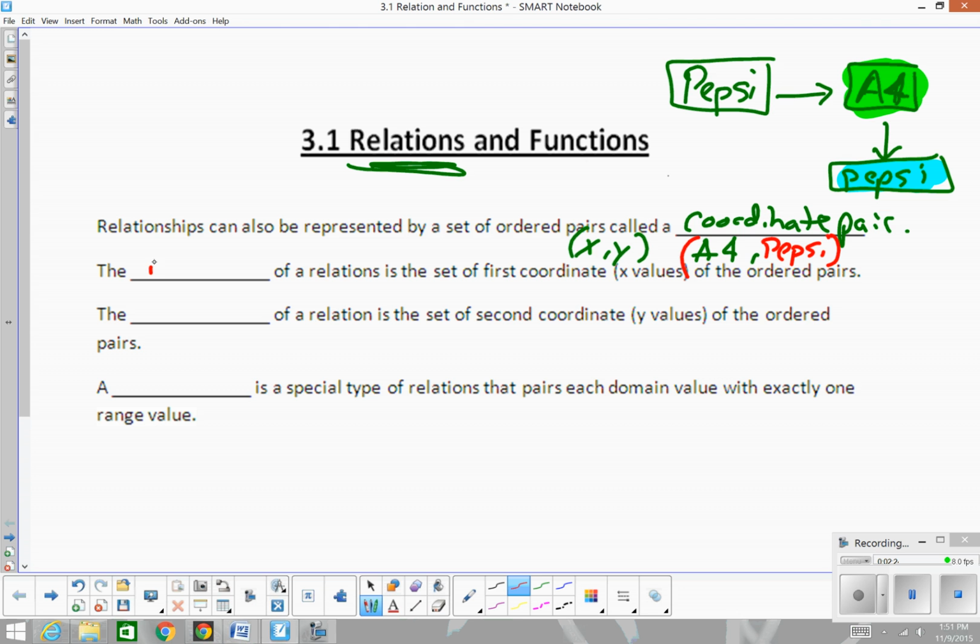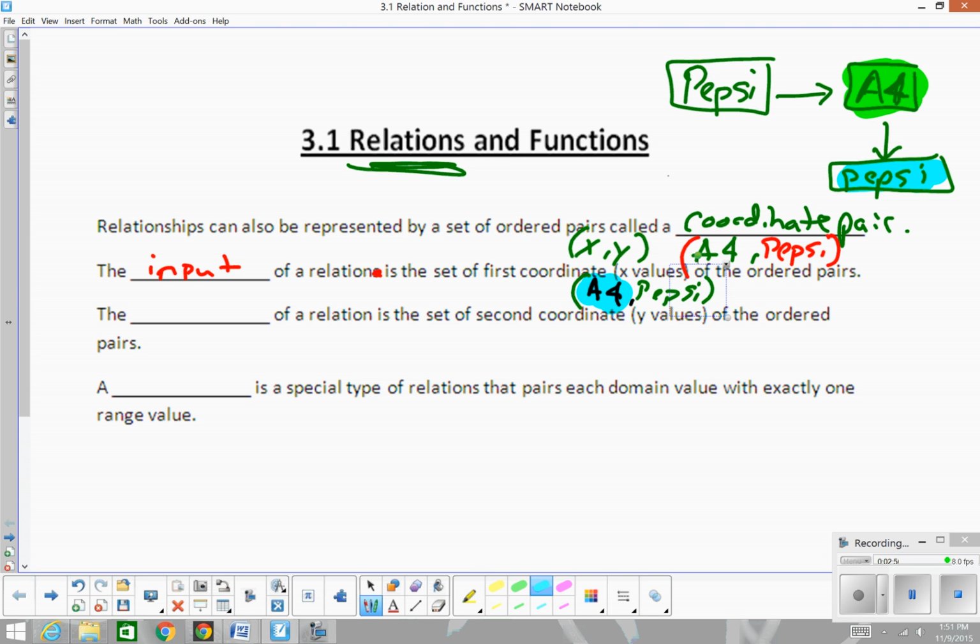Now, I'm going to break down the A4 and the Pepsi as my input and output. The input of a relation is the set of the first coordinate, the x values, of the ordered pairs. So in this case, it's just the A4. So my A4 is what my input is.